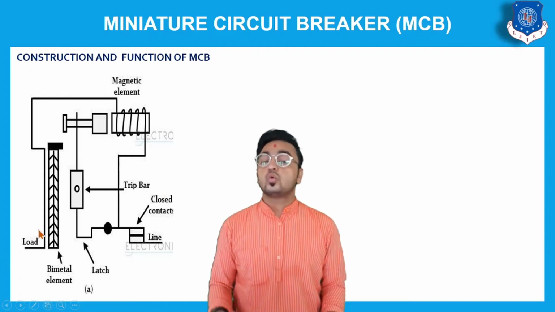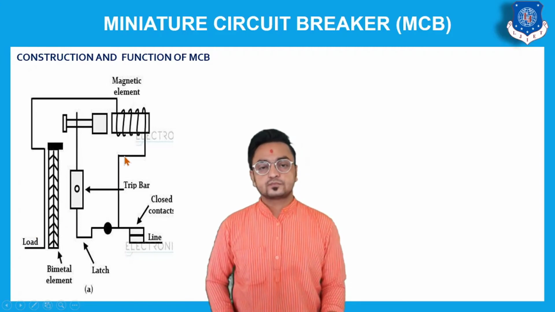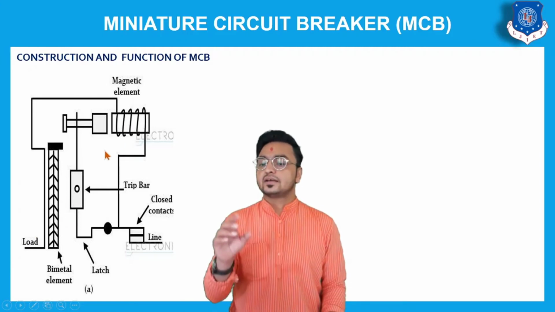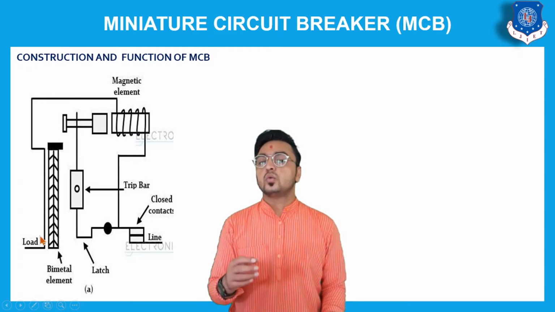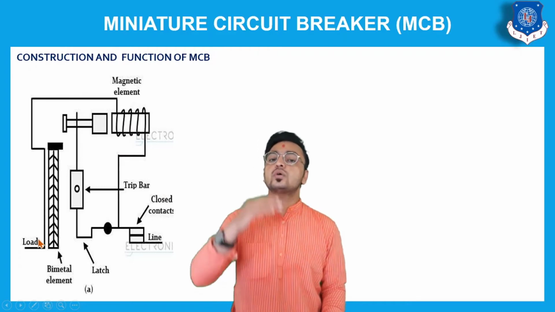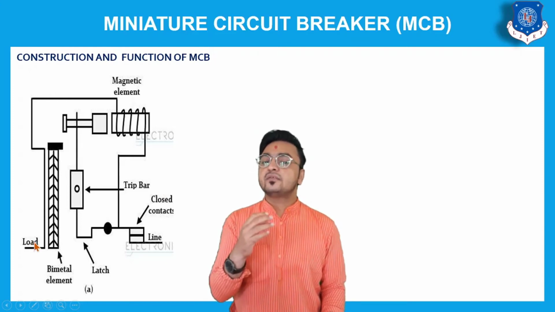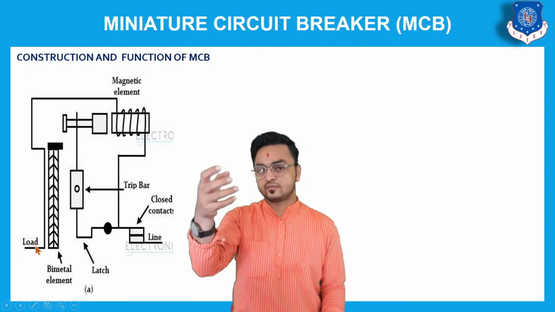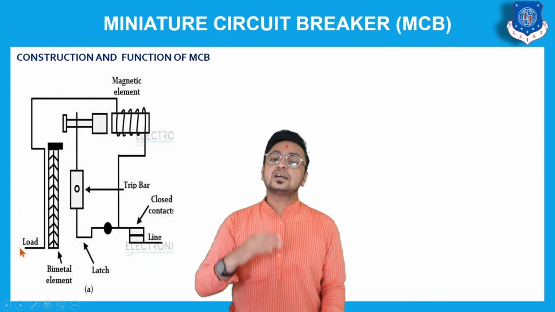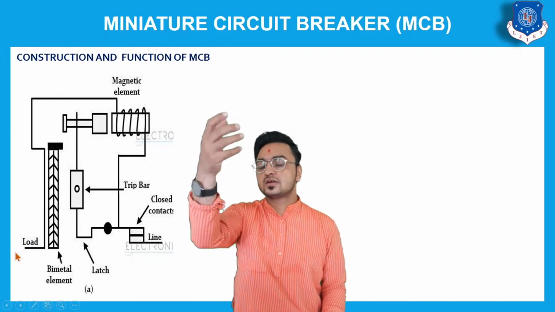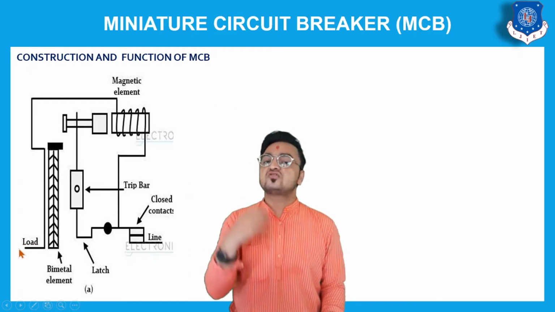And now what is the other arrangement over here? This bimetallic strip will work when there is a slow increment in the current, but not if there is a sudden increment in current. If the current suddenly increases, that cannot increase the temperature suddenly.